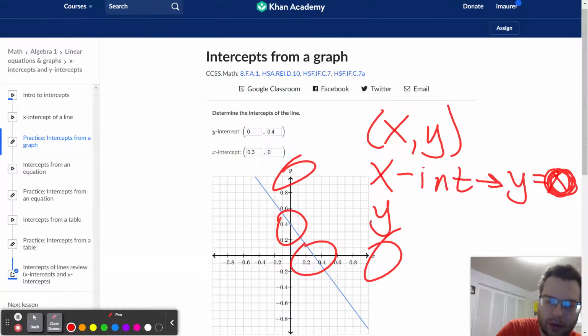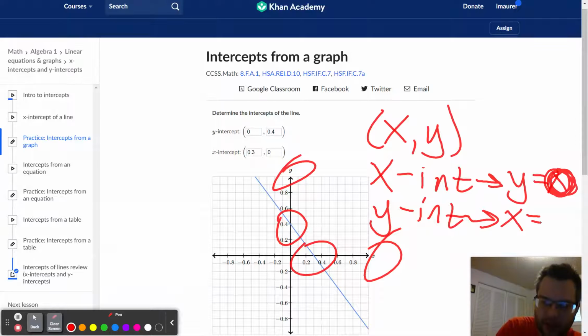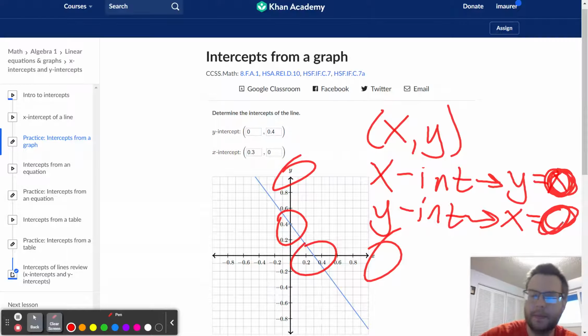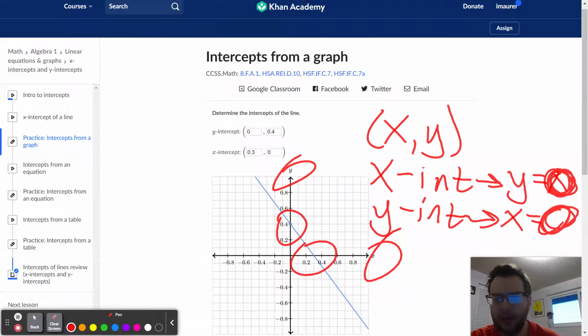And if you have a y-intercept, that means the x value is 0. When I say x-intercept, I'm looking for x to be a number, and then the y value has to be 0. Vice versa for the y-intercept.